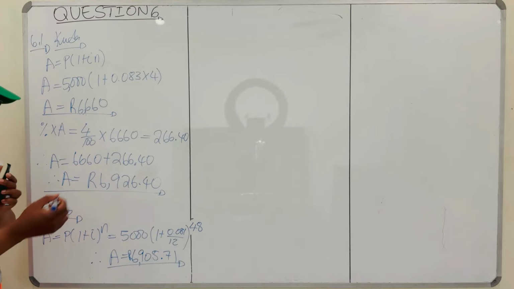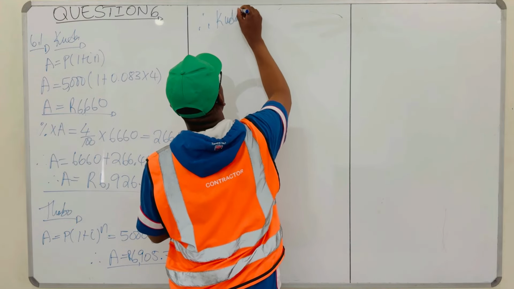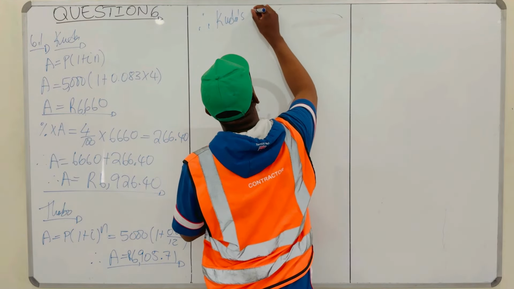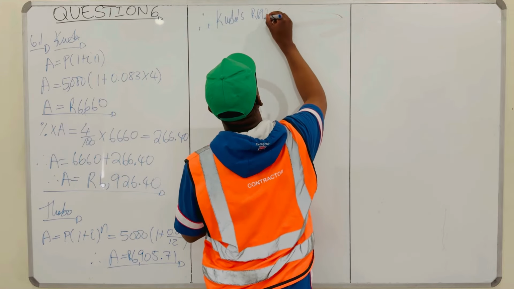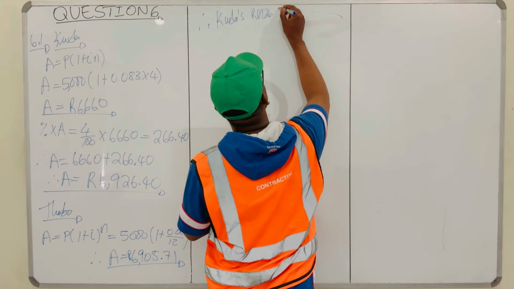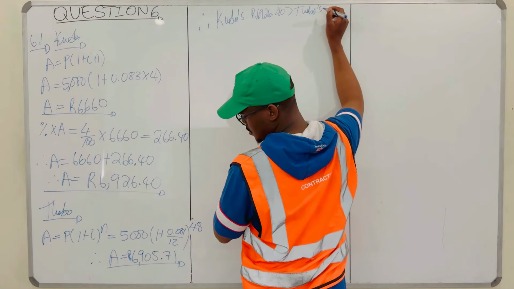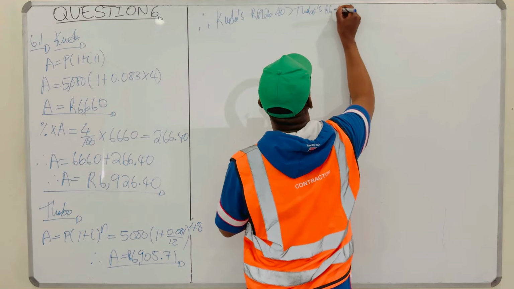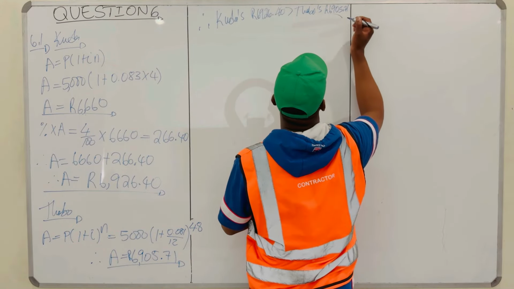You say, okay. Therefore, Kuda's how much? 6,926.40 is greater than Tabo's 6,905.71.